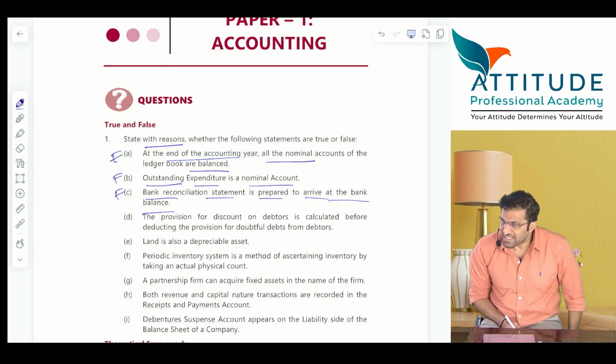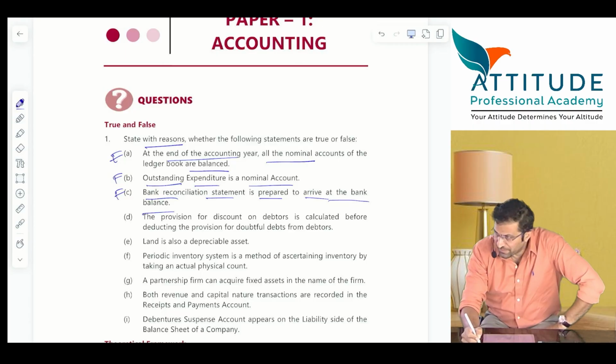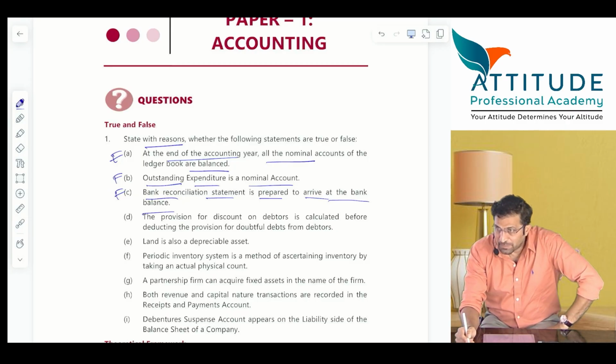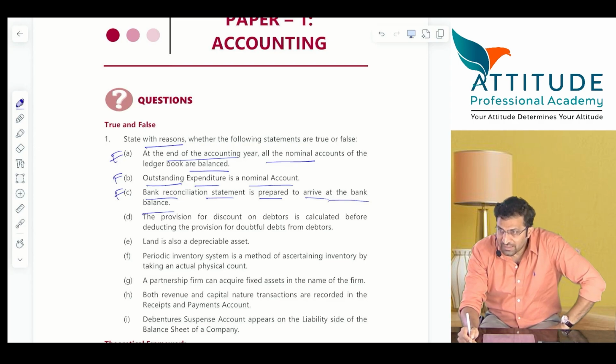BRS is prepared to reconcile and explain the causes of differences between... fill in the blanks. Between what balance? Bank balance as per cash book and bank balance as per passbook.